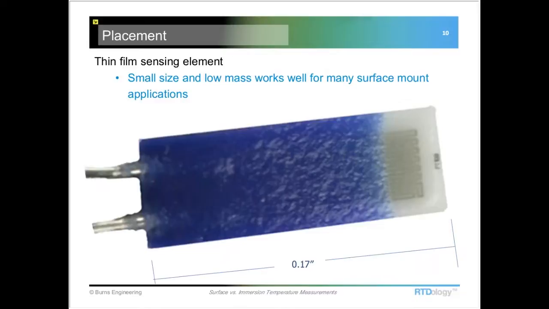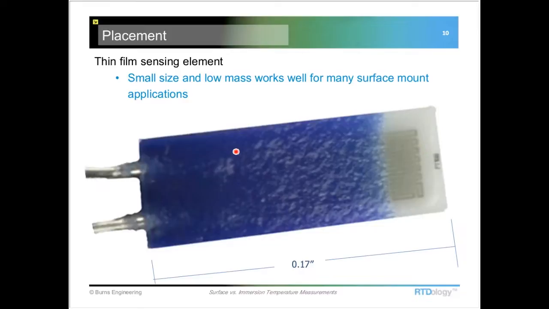Now, inside, one of the sensing element technologies that works really well for surface mount is the thin film sensor. And this is a highly magnified photo of one. We can see this one is 0.17 inches long, and you can see the little platinum trace right in this area here.